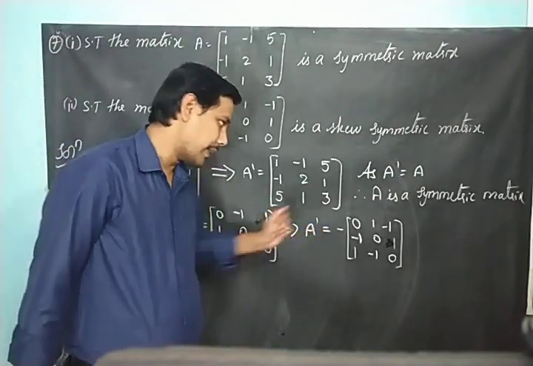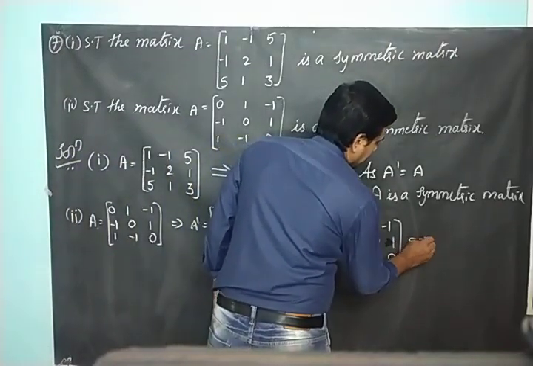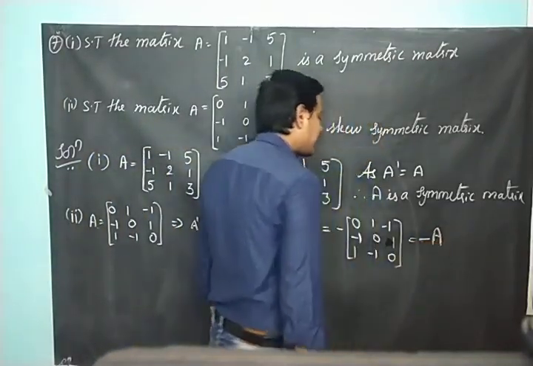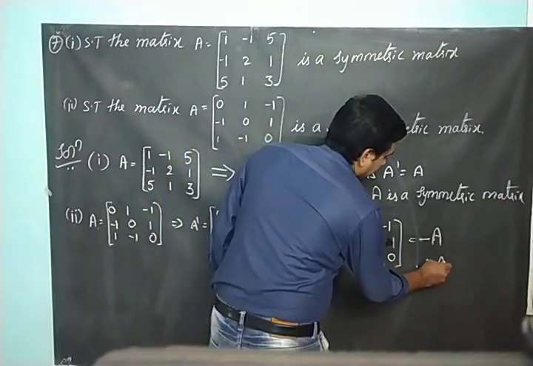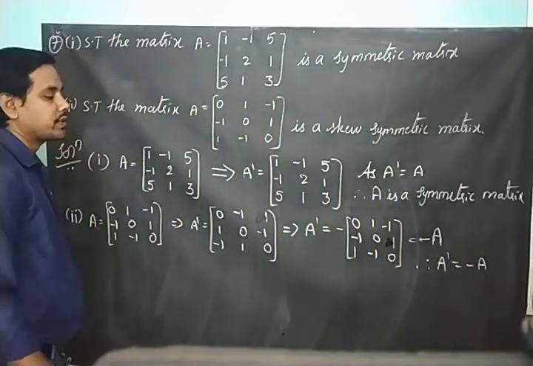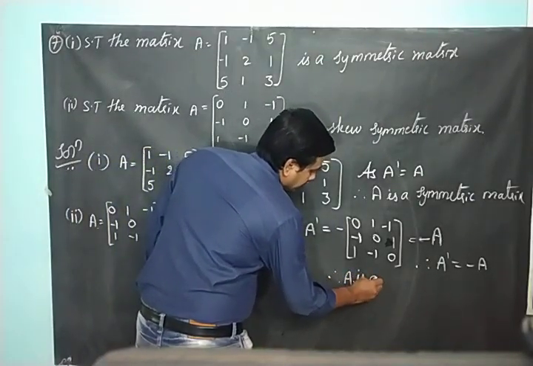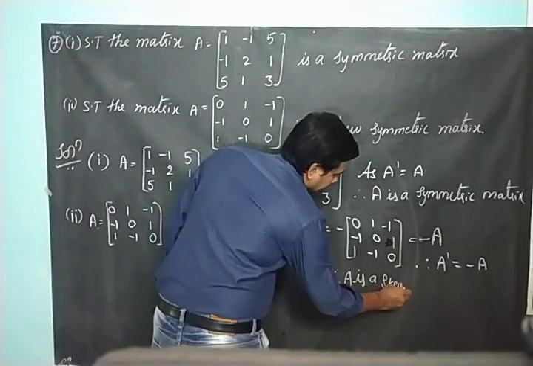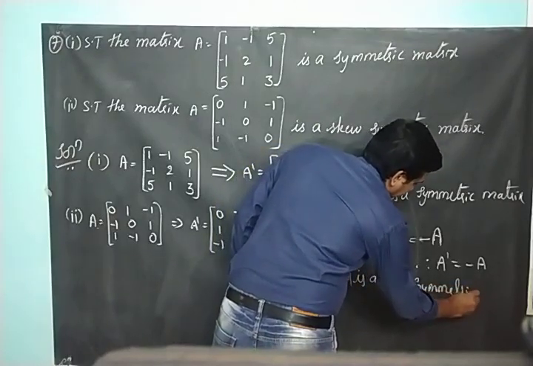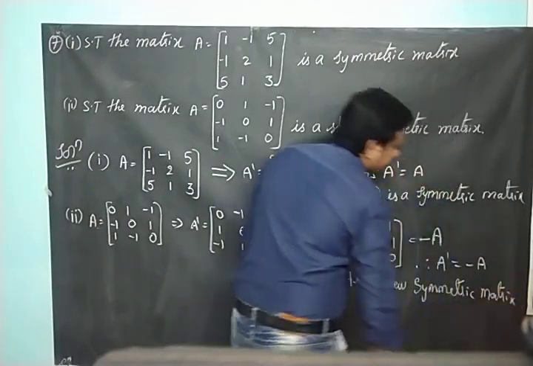But what we have here is a minus sign. So this can be written as minus A. Therefore, A transpose is equal to minus A. As A transpose is equal to minus A, A is a skew symmetric matrix, right?